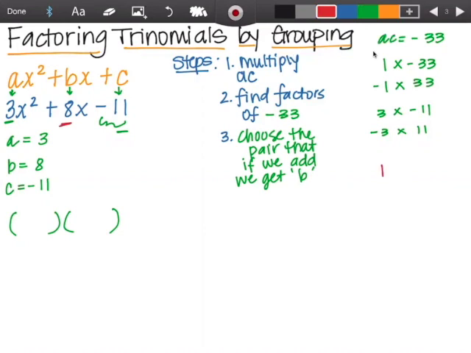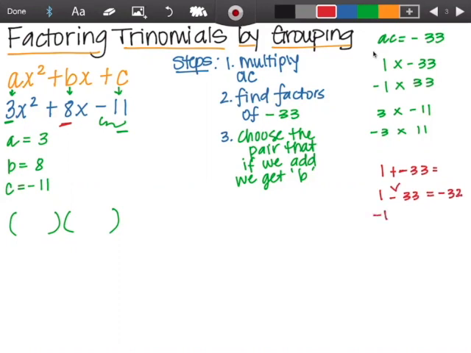So 1 plus negative 33 turns into 1 minus 33, which would give me negative 32. Okay.